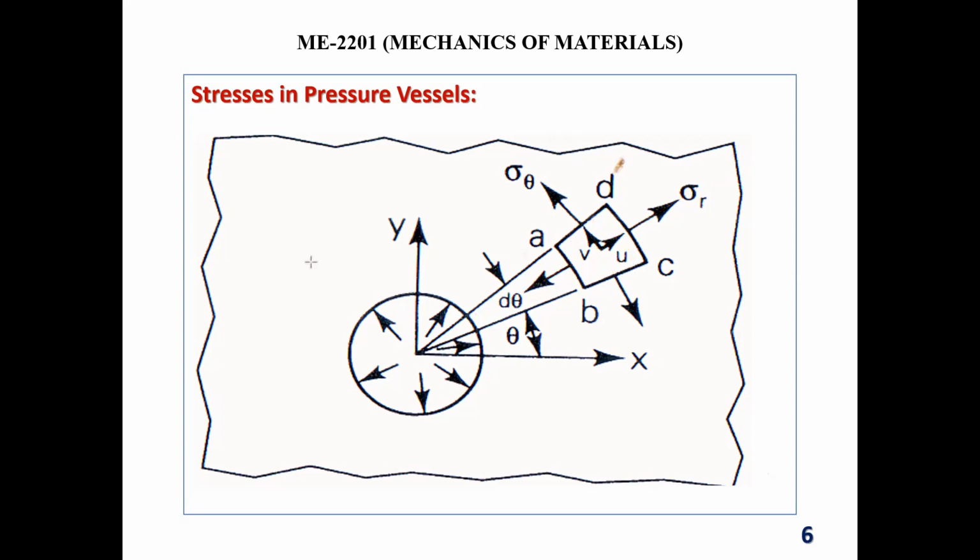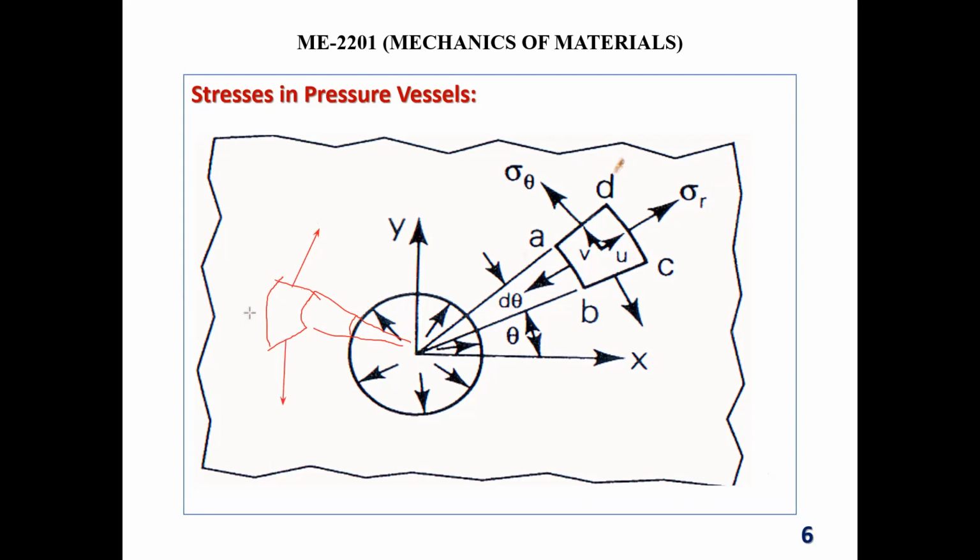fail. So if I take a similar chunk of material, right over here, I'm saying this is the outer peripheral area, this is the inner peripheral area, and I'm connecting with this. Then this angle with the center will be d theta. Now in that case, force will be along the trace sigma theta or sigma t, tangential direction.